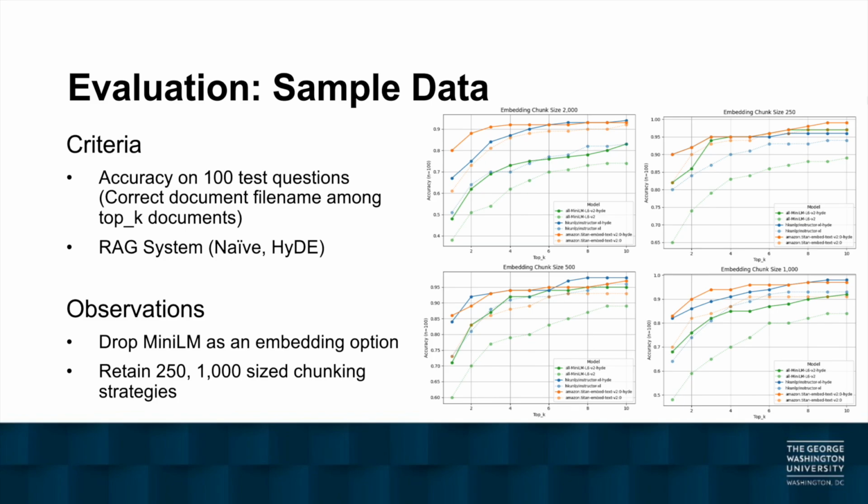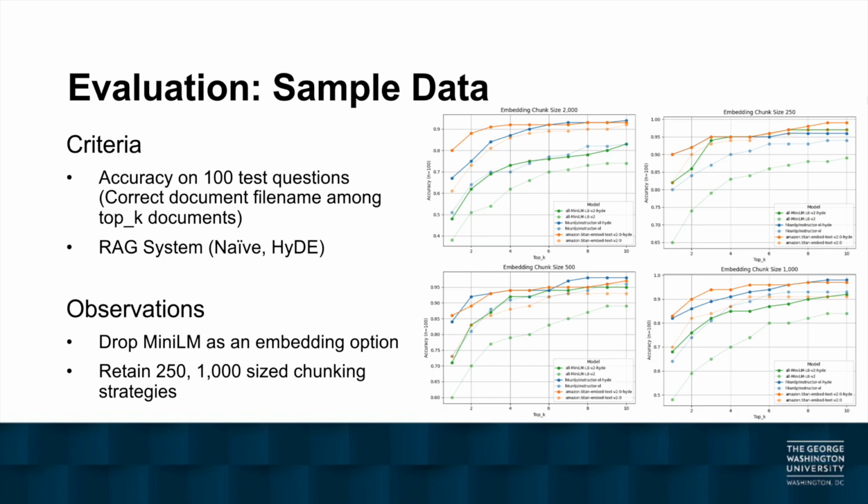250 character chunks performed similarly, but slightly better than 1,000 character chunks. And the best performance came from Hyde with Instructor XL embedding models, or Titan. So these results informed how we would approach testing on our full data set. We dropped using a model called Mini LM from our future analysis because the results were frankly awful.